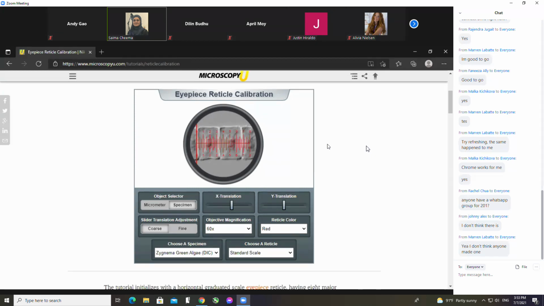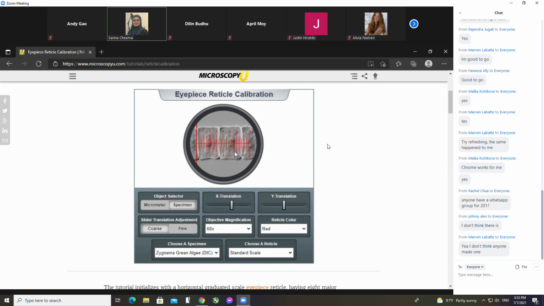These units could mean anything. So if you were reporting the width of the cell, you would have to know exactly if it was micrometers or millimeters or whatever. So what we're going to do first is figure out how many units of this ruler we can fit into a standard ruler.